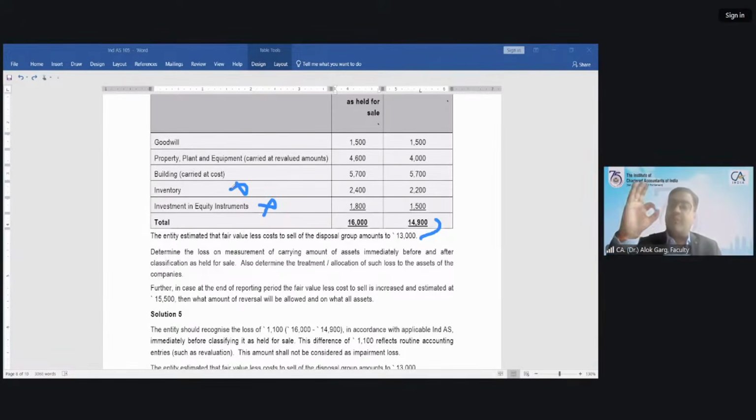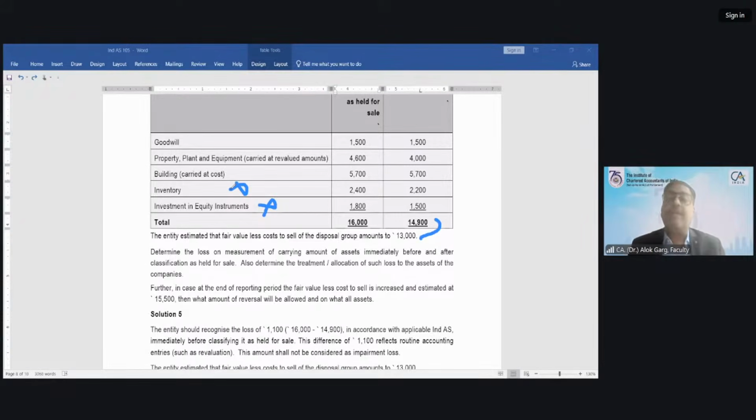So you have to zero your goodwill. Even after that, if there is an impairment loss, you have to allocate the impairment loss pro rata on the basis of carrying value of the other assets. Provided, what is the proviso?